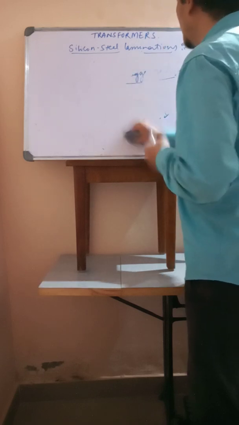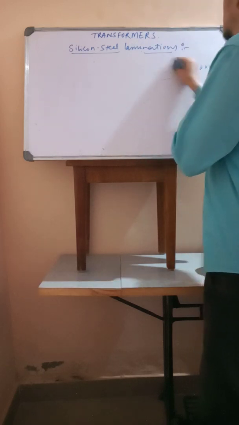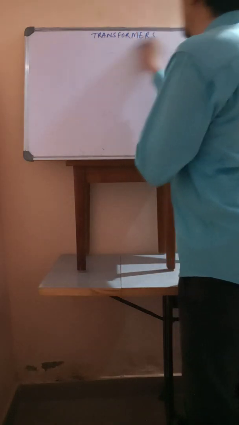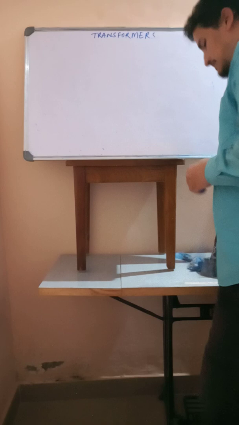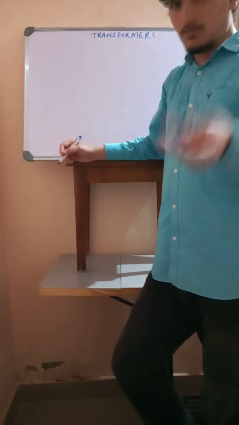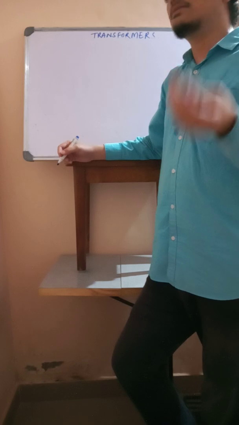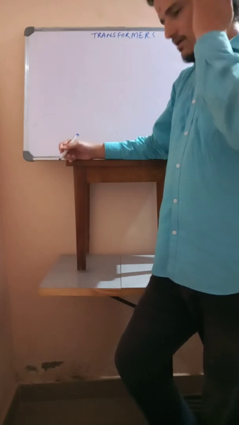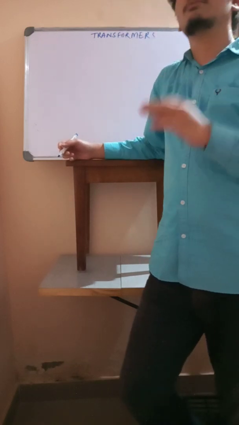Next, the windings: it will have a primary winding and a secondary winding, made up of low resistance copper. And next, you have to write about the tank and cooling material. I have told you: oil is used for heavy duty transformers like power and distribution transformers.